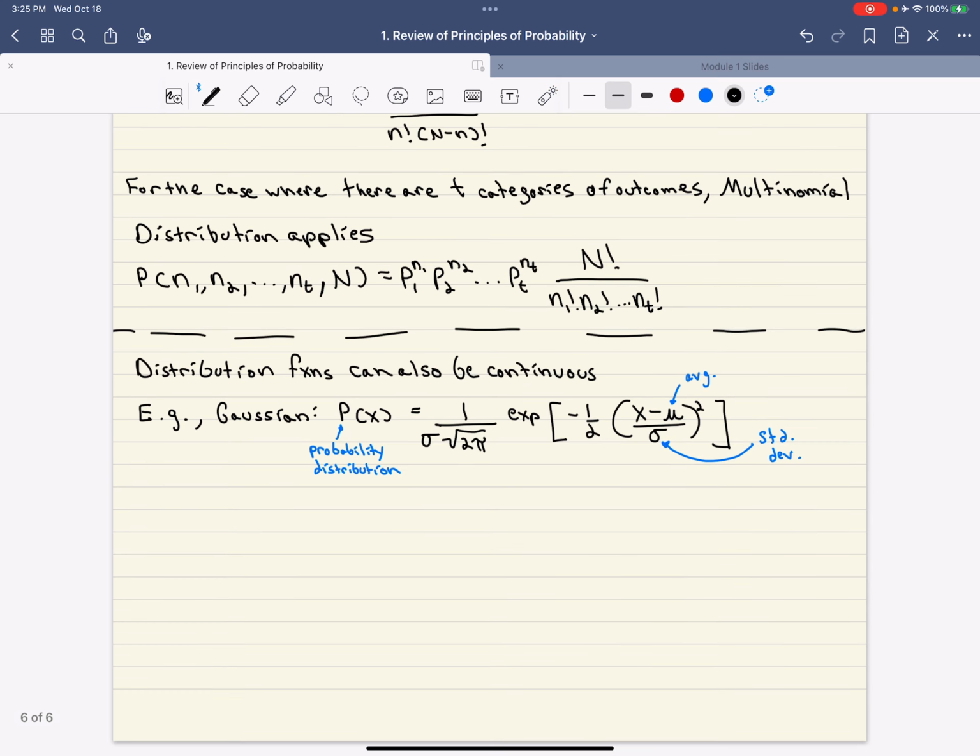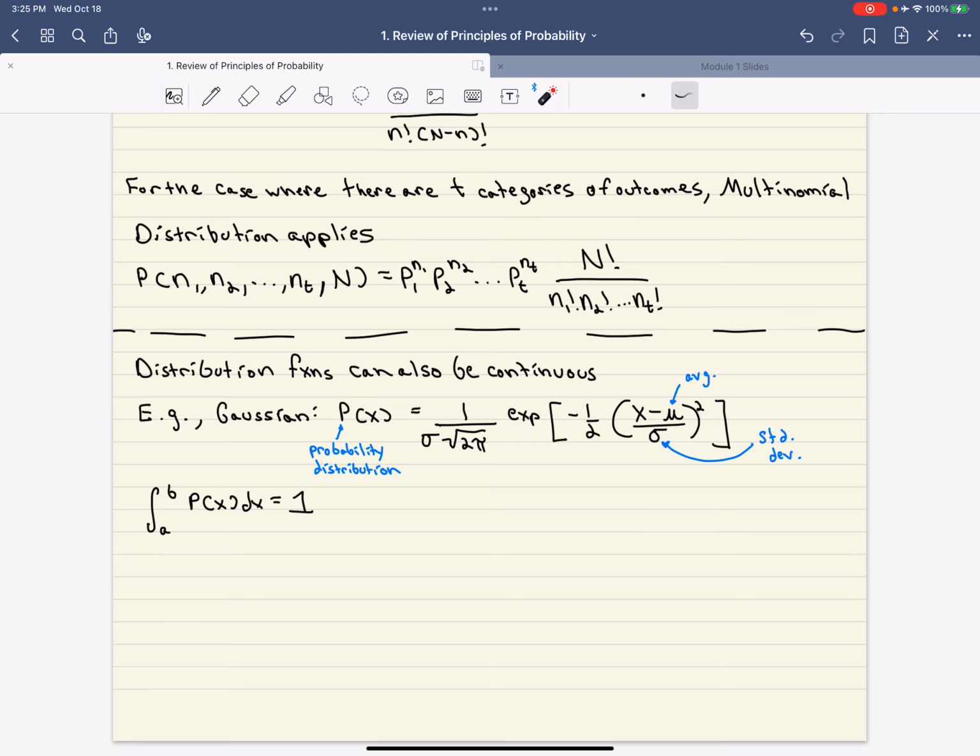When we're dealing with a continuous one, there still is a constraint. It's kind of similar: all your probabilities need to add up to 1. But since we're dealing with a continuous function, rather than just a straight sum, we're actually going to deal with the integral.